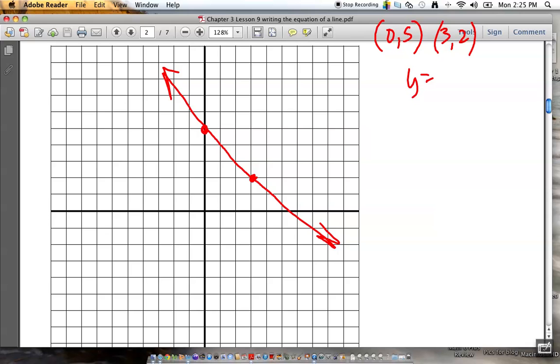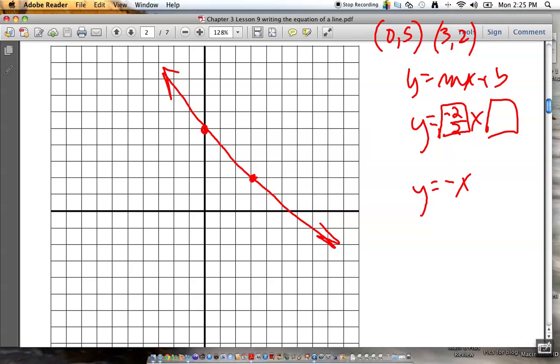Y equals mx plus b. So I got to find something x something. What's my first something? It's going to be -2 over 2 x plus 5. Oh, okay. I get it right.